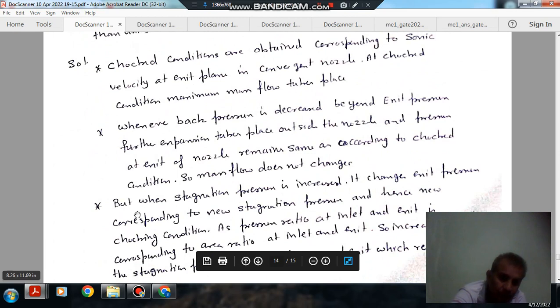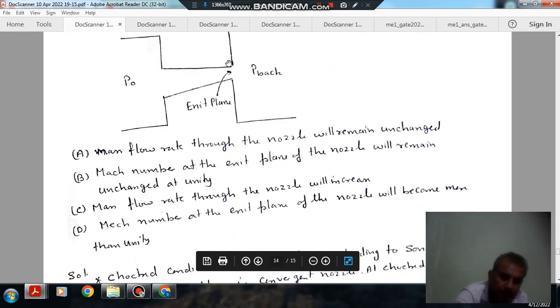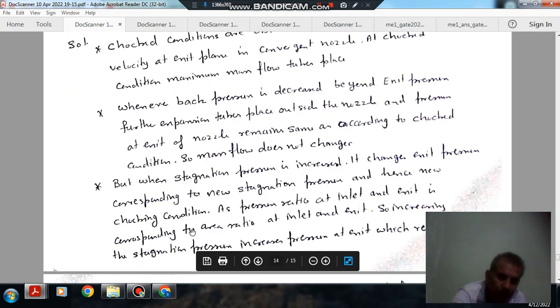But when the stagnation pressure increases, it changes the exit pressure corresponding to the new stagnation pressure, and hence a new choking condition, as the pressure ratio at inlet and exit corresponds to the area ratio.